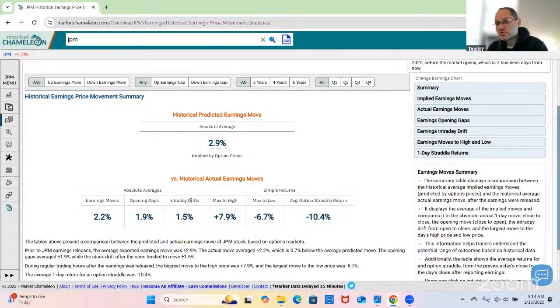But there's movement, there's repricing, the repricing continues. So how well was that priced? And here we're seeing that from the open to the close, the average move was 1.5%. So there's still volatility intraday.